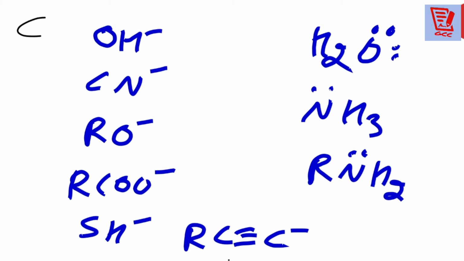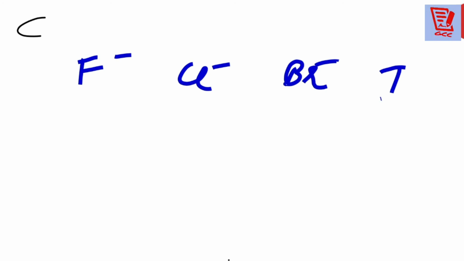And just remember one more thing: what we are removing from there is called the leaving group. That means F negative, Cl negative, Br negative and I negative are all called leaving groups.